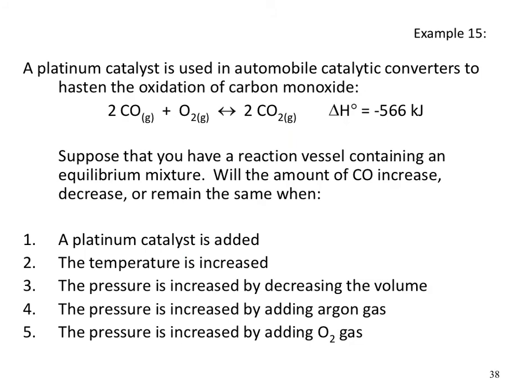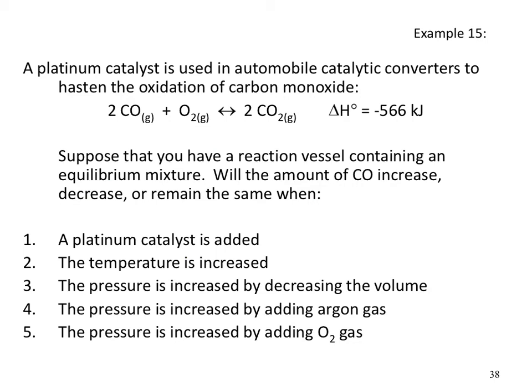Let's see if we can apply all of these principles together on a problem. A platinum catalyst is used in automobile catalytic converters to hasten the oxidation of carbon monoxide. 2CO plus O2 gives you 2CO2. Delta H is given to be minus 566 kilojoules. Suppose that you have a reaction vessel containing an equilibrium mixture.